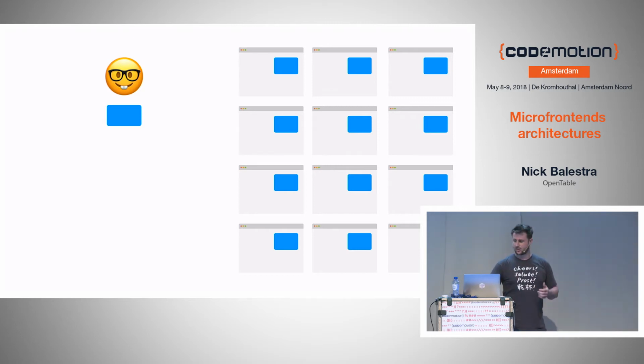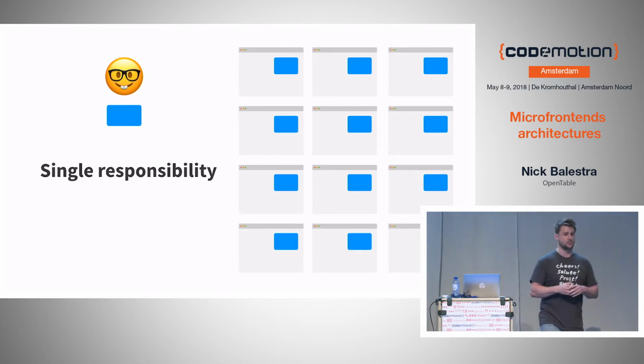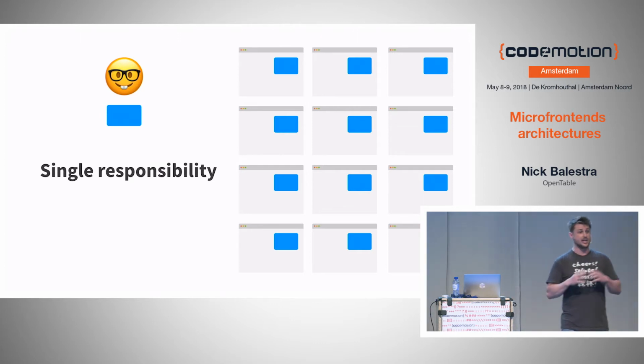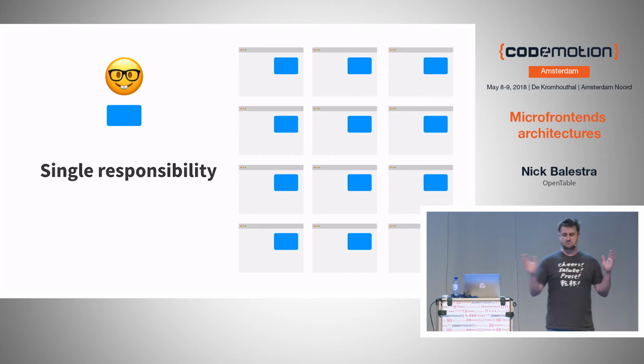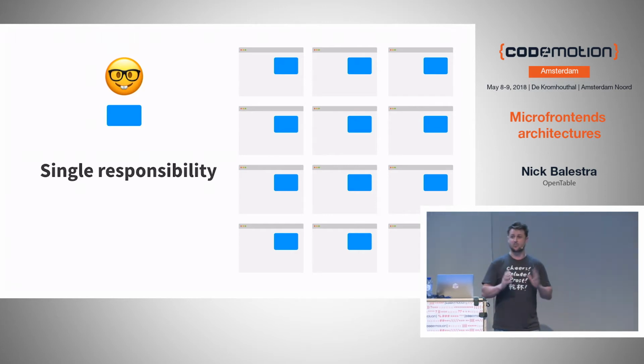There are a few principles that will be very important in this kind of scenario. First is single responsibility. This team is just responsible for the widget. They're not responsible for what's going on on that website, what the website is all about. They have full end-to-end ownership of that little part of the front end.